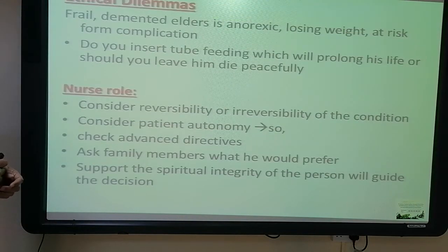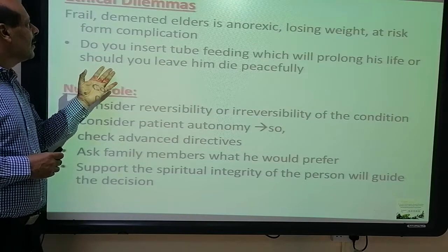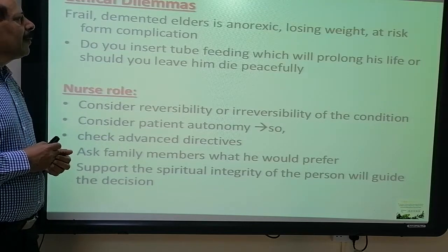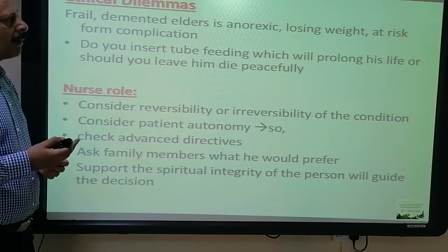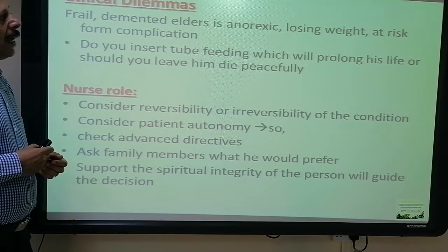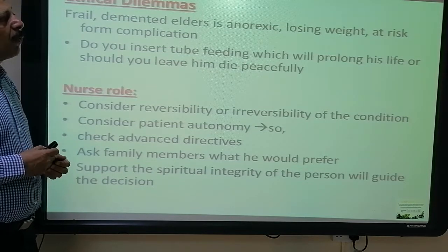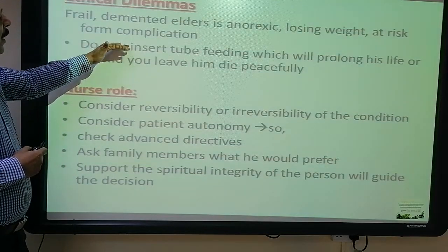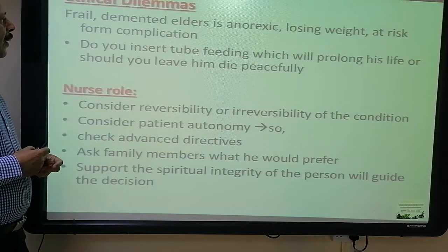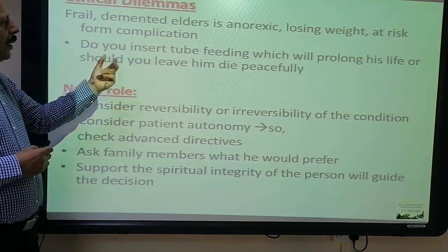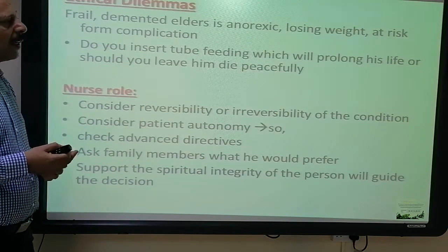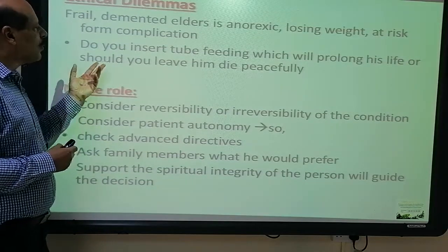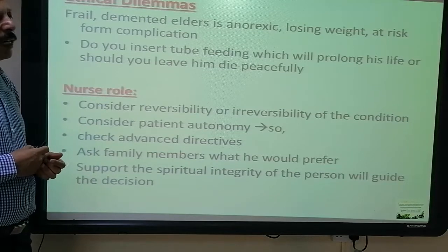Ethical dilemmas. A frail and demented elder is anorexic, losing weight, at risk for complications. So, do you insert a tube feeding which will prolong his life, or should you leave him to die peacefully?